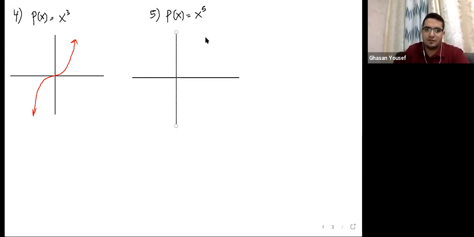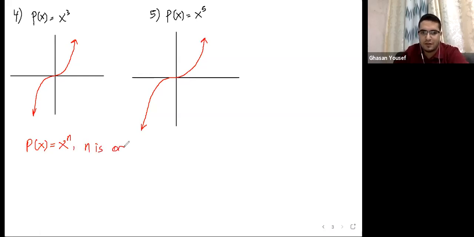The graph should be like this, close to the 0, more and more. So when b of x equal x to the power n, and this n is an odd number.